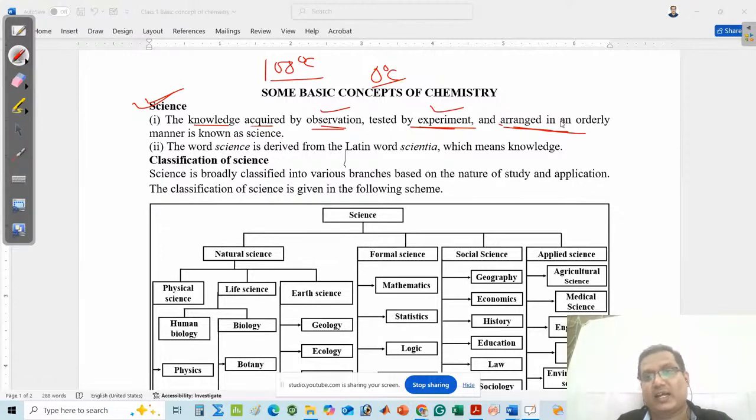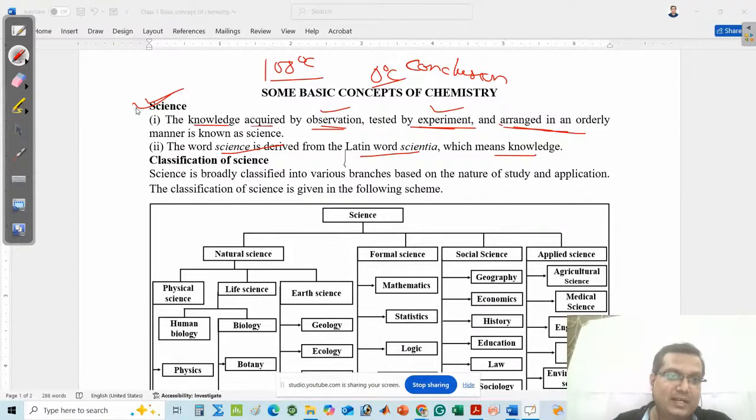Experiment means Pariksha. Arranged in an orderly manner is your conclusion. Conclusion means Siddhanta. The word science is derived from the Latin word scientia, which means knowledge.